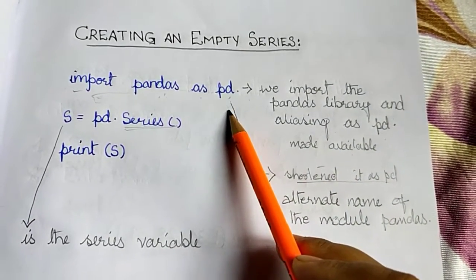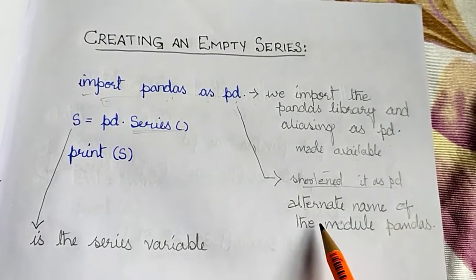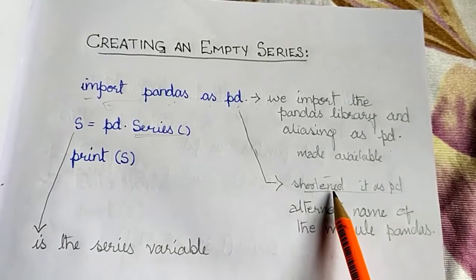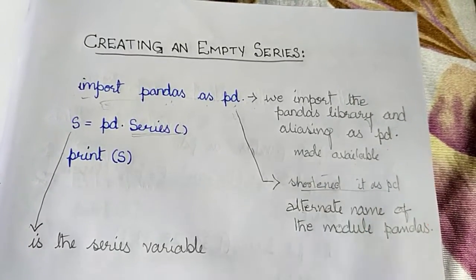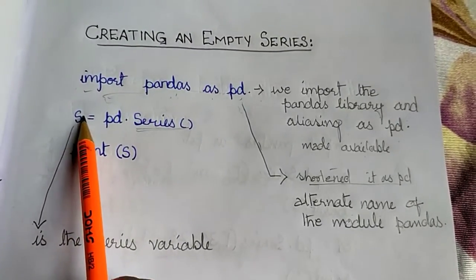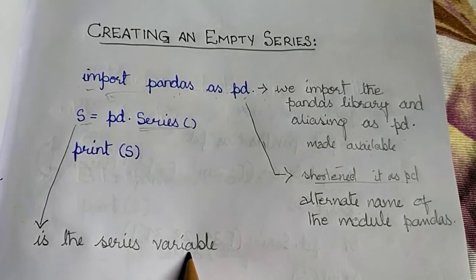And what is this pd? pd is just the alternate name of the pandas module. You just shortened the word pandas to pd. Then after that, I create the variable s, which is the series variable.